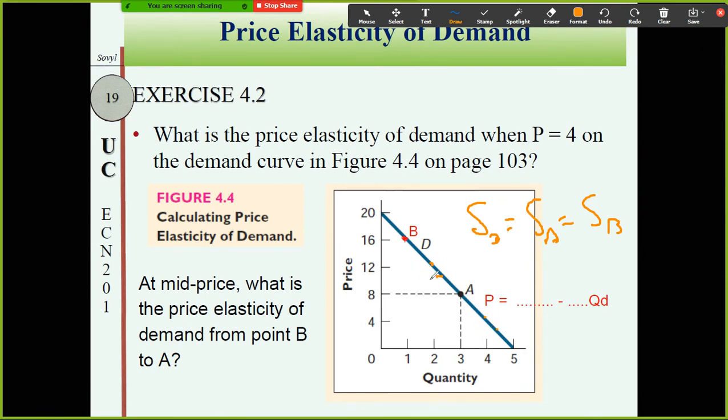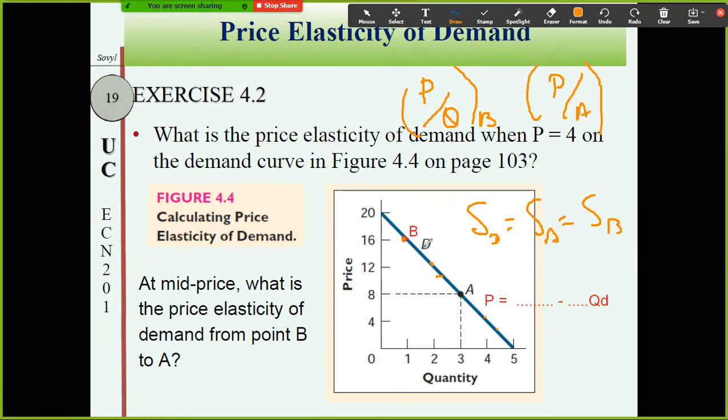So along this demand curve, any point has the same slope as the curve, but no point has the same P over Q as the other points. For example, P over Q for B and P over Q for A.